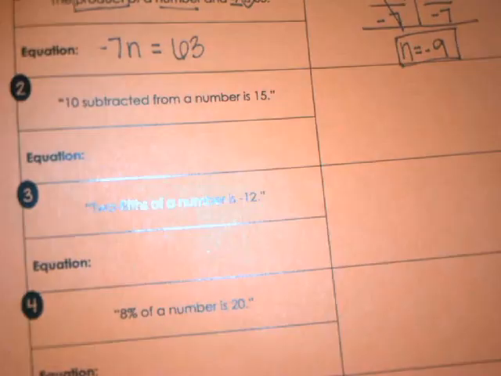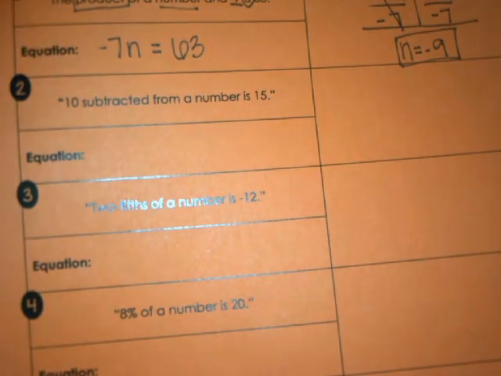So let's go to number 2. Circle the keywords, box them in, whatever you need to do. What are my keywords? Subtracted from and?